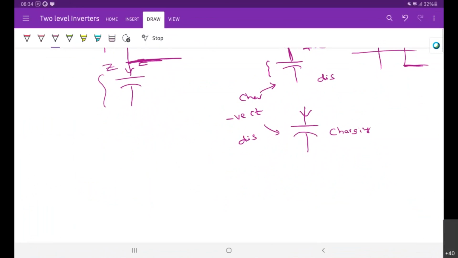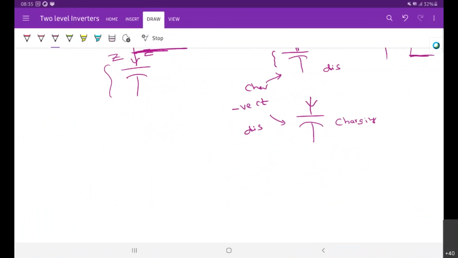So let us discuss the effect of neutral point voltage with respect to different space vectors.